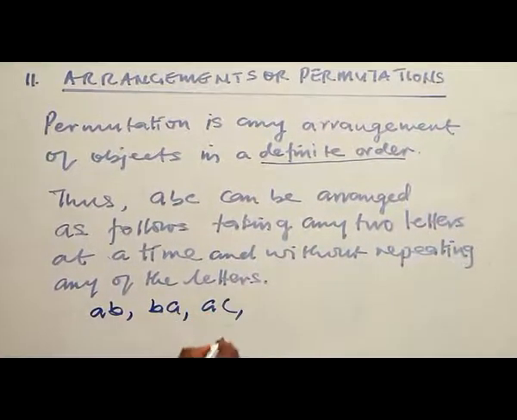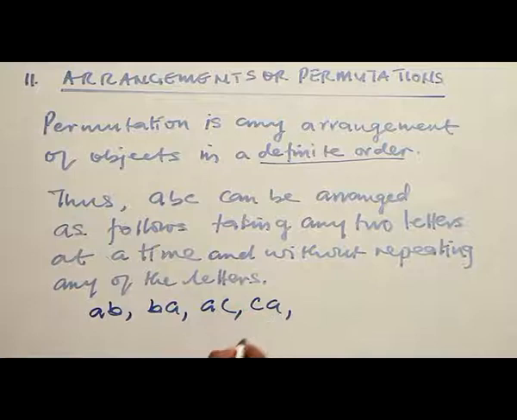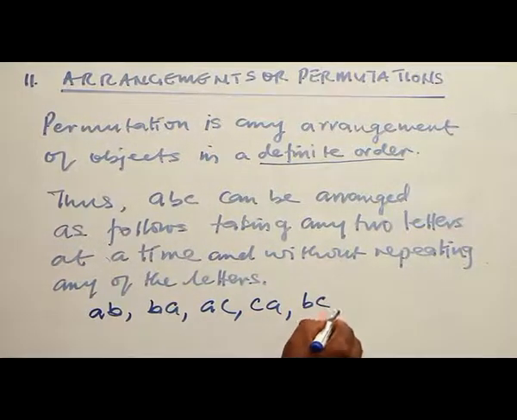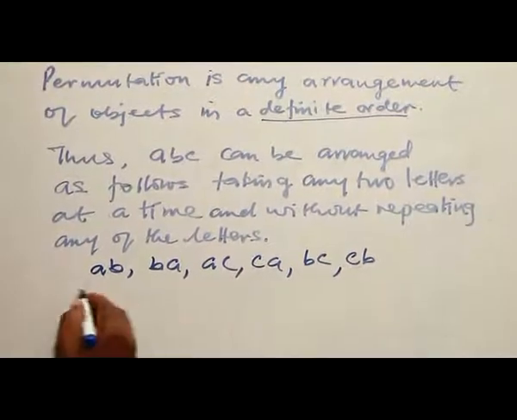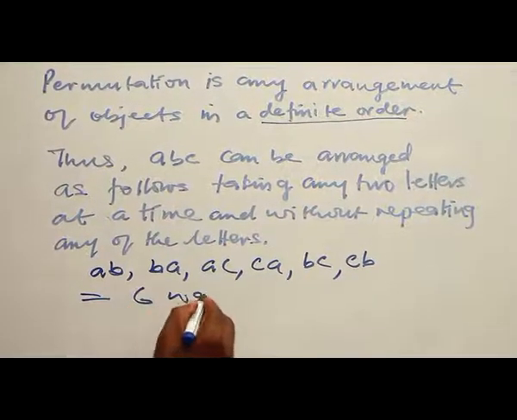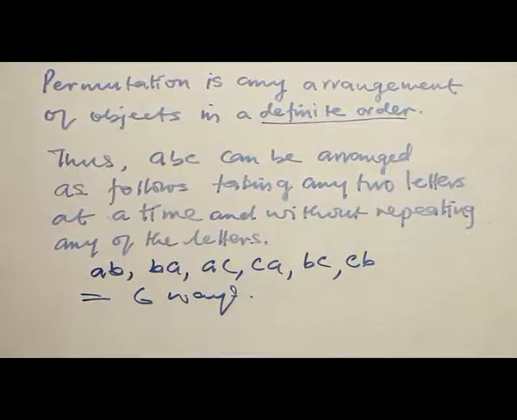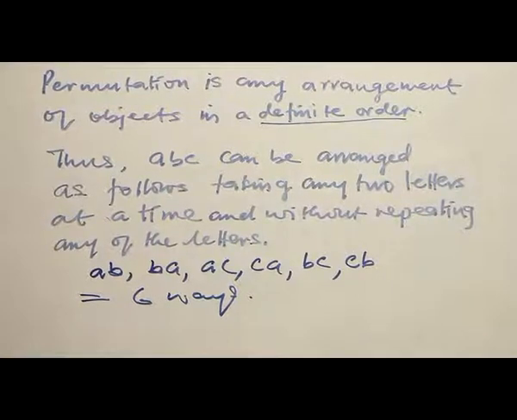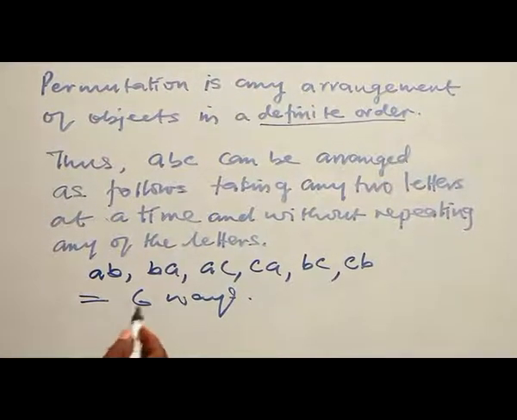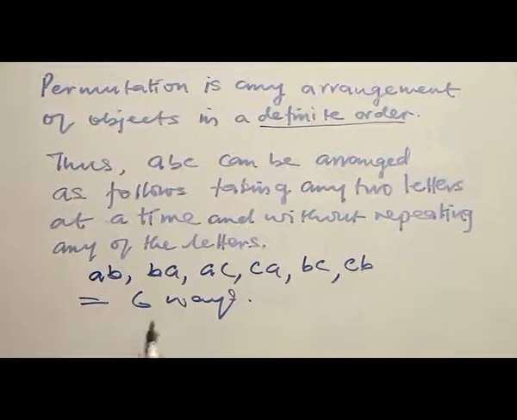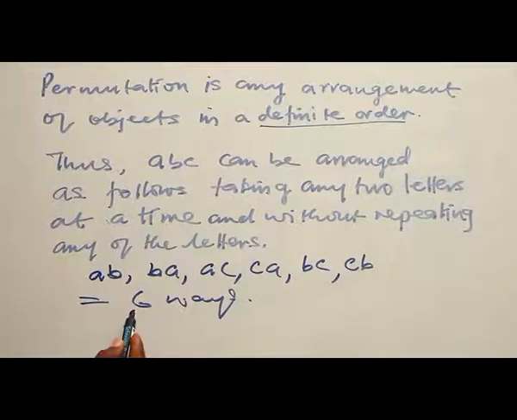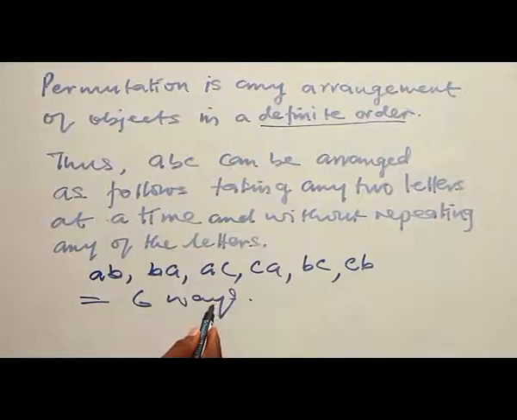As AC, we can also have it as CA. As BC, we can also have it as CB. We have here 6 possible ways of arranging that. So we now say that the number of ways you can permute the letters A, B, C, taking 2 at a time without repetition, will be equal to 6 ways.